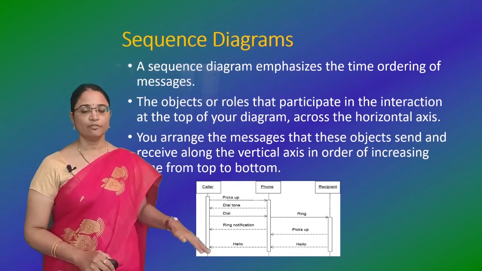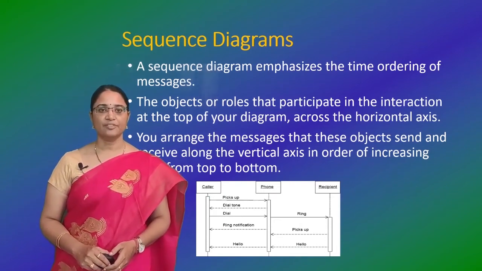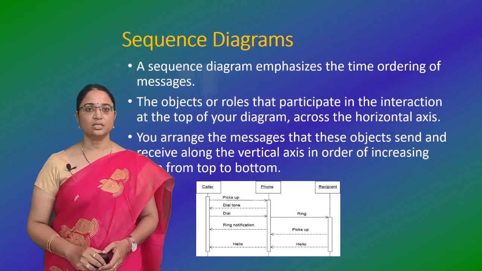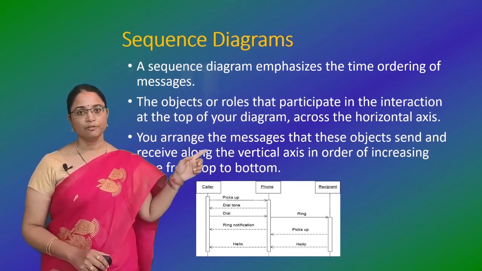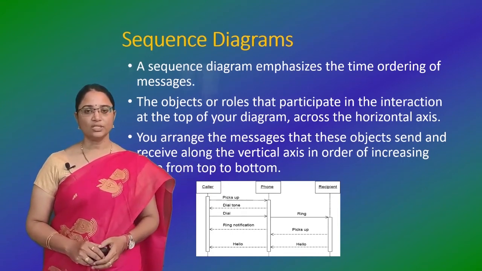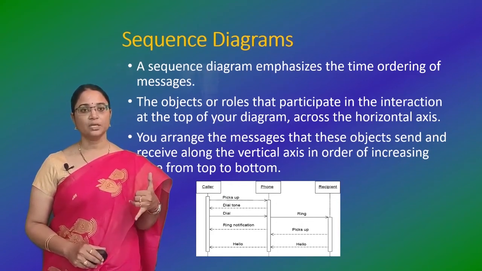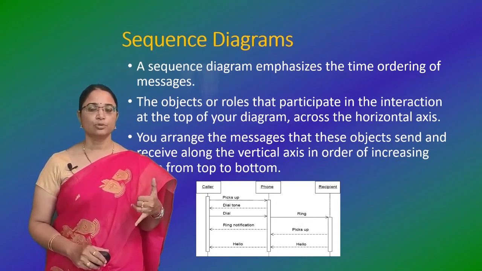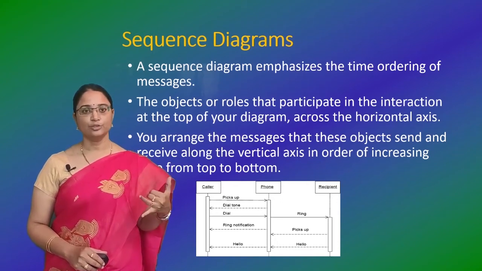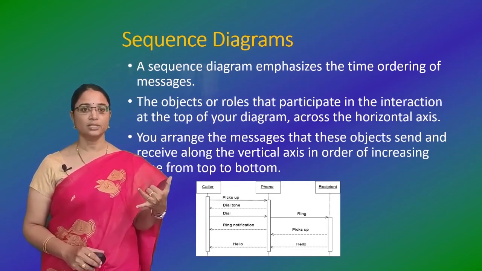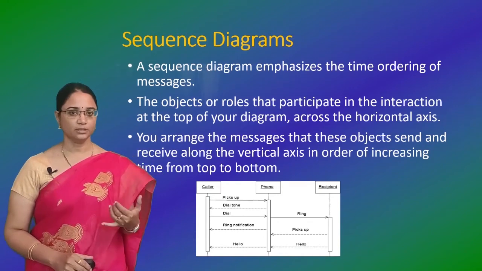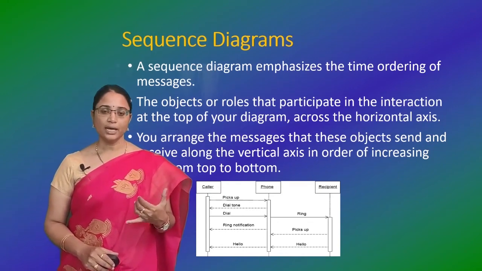If you see the figure here, it has three objects: a caller, a phone, and a recipient. What information is passed between the objects? First, the caller picks up the phone receiver and hears a dial tone. If the dial tone is not there, he thinks the phone might be dead, so he can't make any calls.